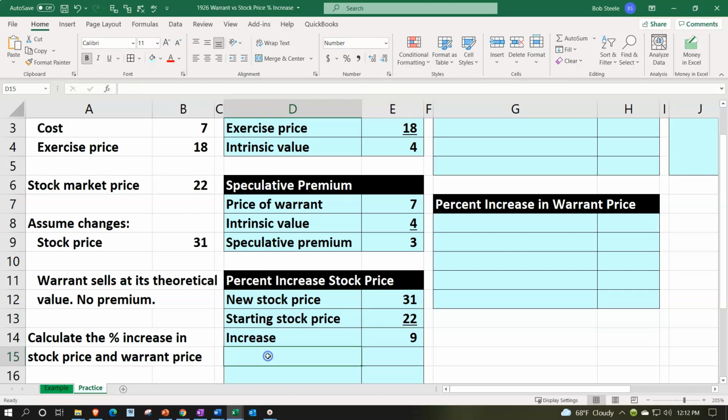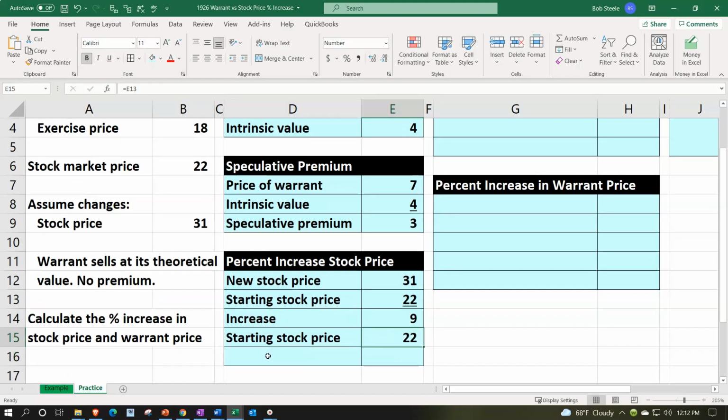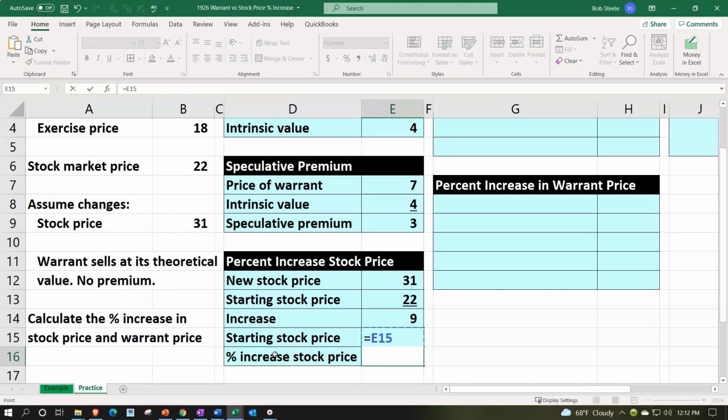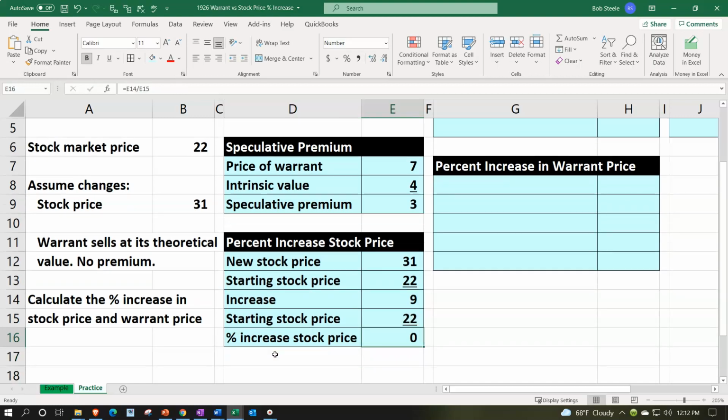And so we're going to compare that to the starting stock price of $22 to get the percentage increase. Font group, underline, percent increase in stock price is going to be equal to 9 over 22. So we had an increase of, making that a percent, number group, percentifying it, adding a couple decimals, 40.91% increase in the stock price. What would happen to the warrant if we were holding on to the warrant?